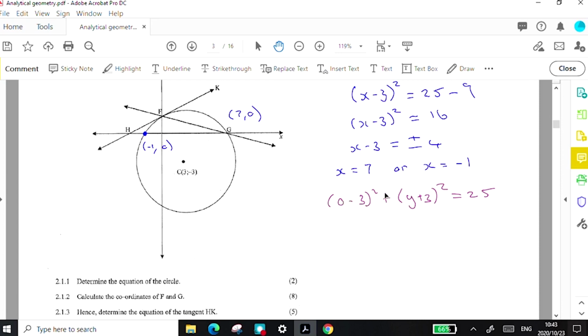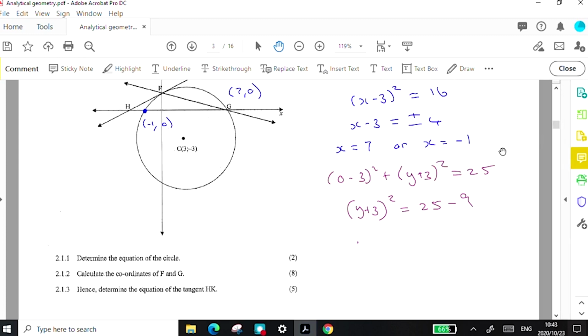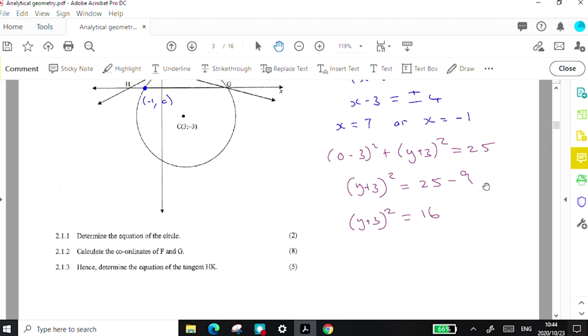Since x is 0, we replace x with 0 and we solve for y. So we have y plus 3 all squared is equal to 25 minus 9. Therefore, y plus 3 all squared is equal to 16. Taking the square roots of both sides, we have y plus 3 is equal to plus or minus 4.